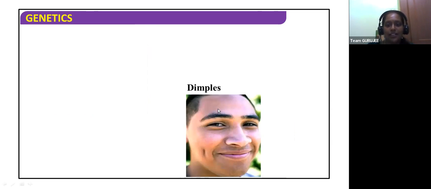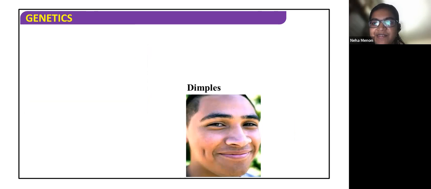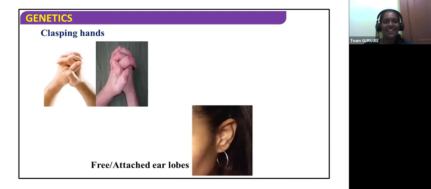Okay. So the dimples are also a trait. Ma'am, what is clasping hands? Clasping hands, yeah, let me explain. Usually when you clasp your hands, you put them together. A few people cannot; see the difference. It's the position, the superposition of each finger.